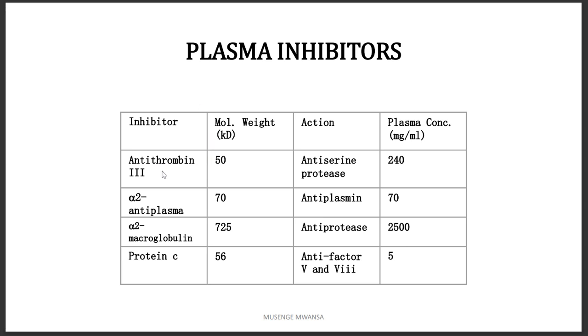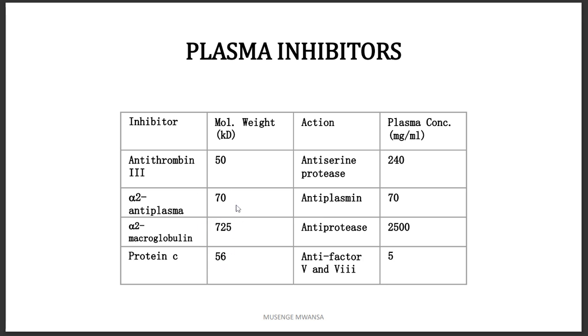So I've got antithrombin 3, which works on anti-serine protease. We have got alpha 2 antiplasmin, which works on antiplasmin. We have got alpha 2 macroglobulin, which works also on anti-protease. And then we have got protein C, which works on anti-factor 5 and 8.